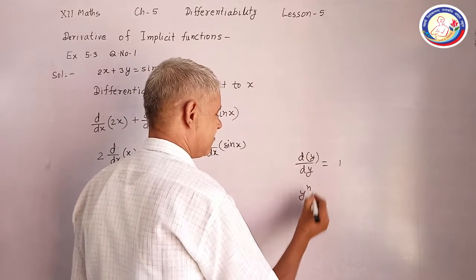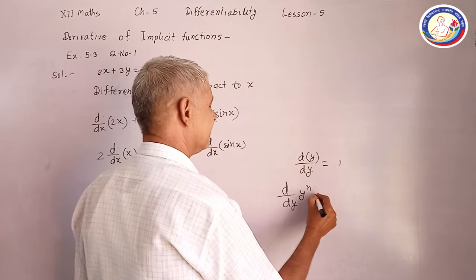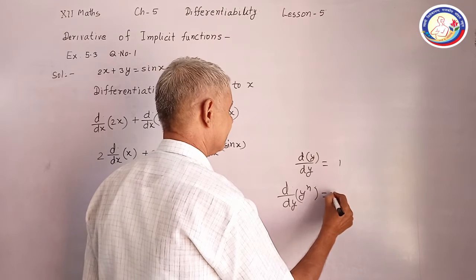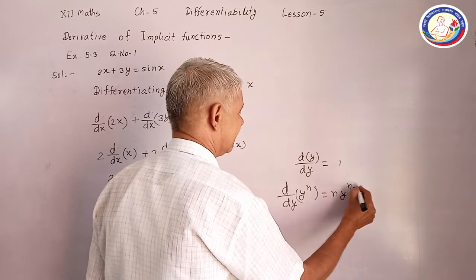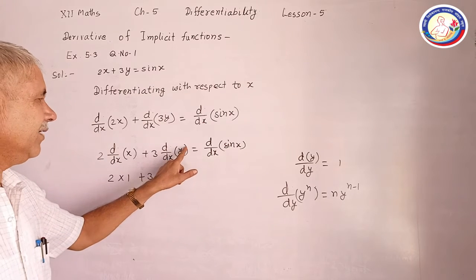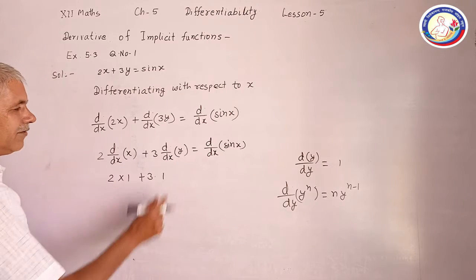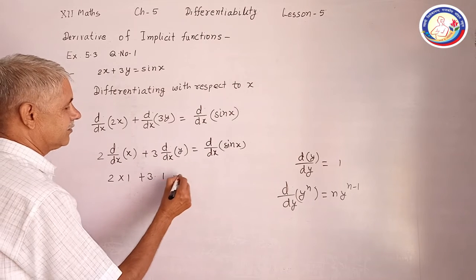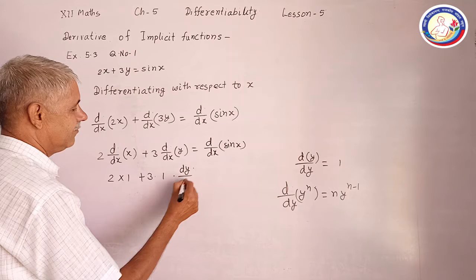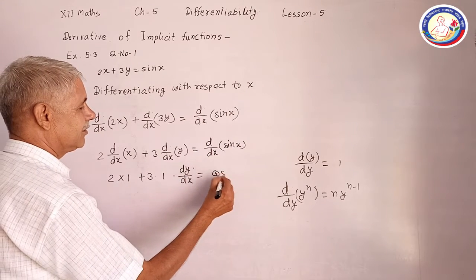Y raised to power n gives n y raised to n minus 1. So here the power is 1, y raised to power 1, so this will be 1. And again, now differentiate y with respect to x, so it will be derivative of y with respect to x. It is simple, this is cos x.